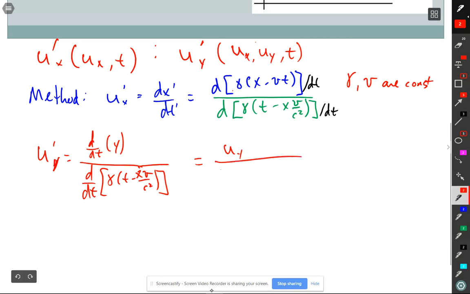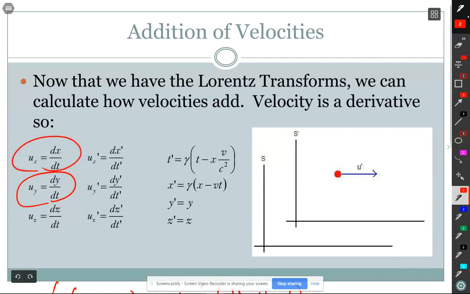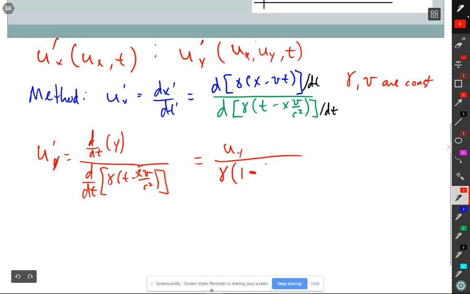Then the bottom, gamma is a constant, and dt dt, by definition, that's a 1, minus v and c are constants, and so I just have dx dt, but dx dt, that's ux, and so there's our equation for velocity addition perpendicular.